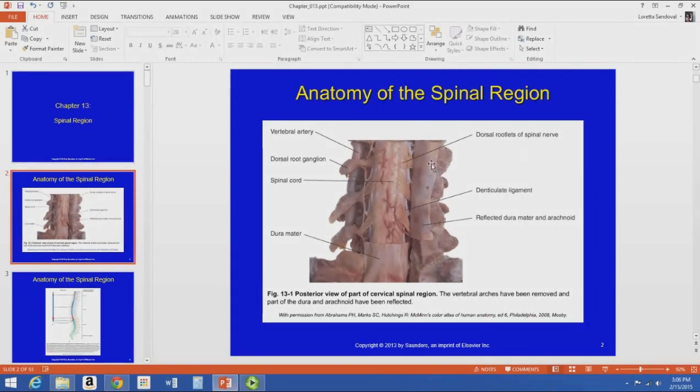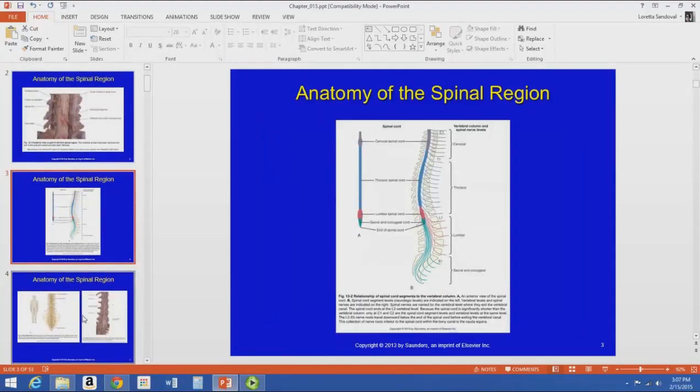So that's this sort of connective tissue part right over here, and that's part of the meninges. So you can see the nerve roots, the rootlets they call them, of the spinal nerves coming off of the spinal cord, which is kind of neat, and the dorsal root ganglia and the spinal cord itself. The vertebral artery, we know in the cervical spine we have those transverse foramina, and the vertebral artery runs through those.